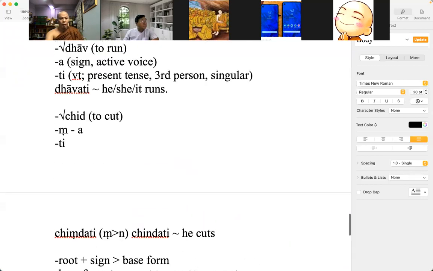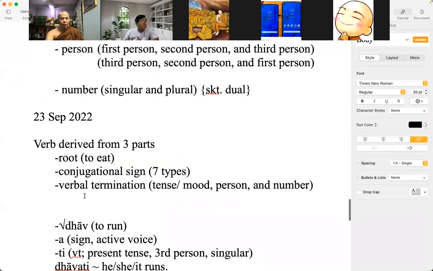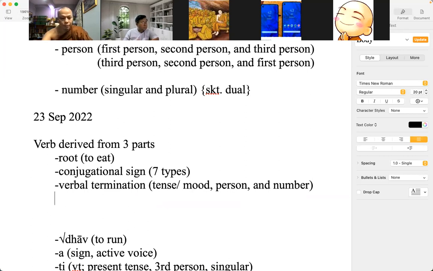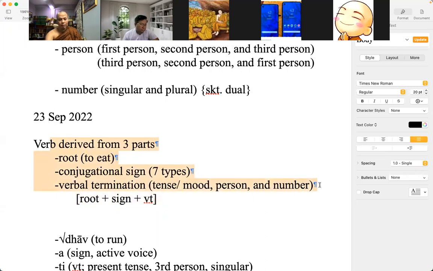So now for this verb we also need to see the three parts of the verb: root plus sign plus verb termination. There is another formula. Try to remember these three facts. Okay, we have the verb in Pali.